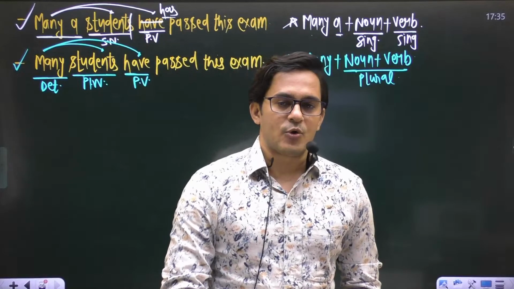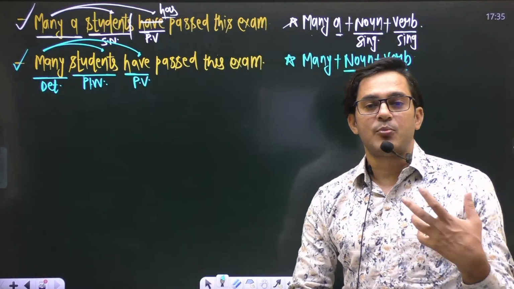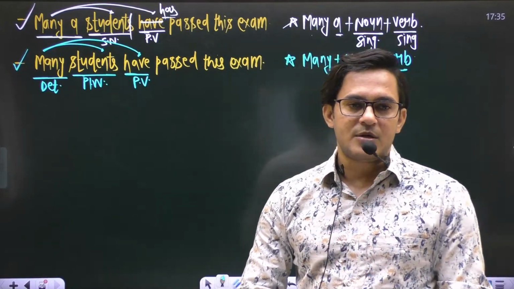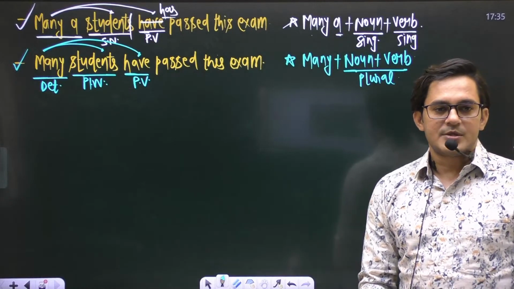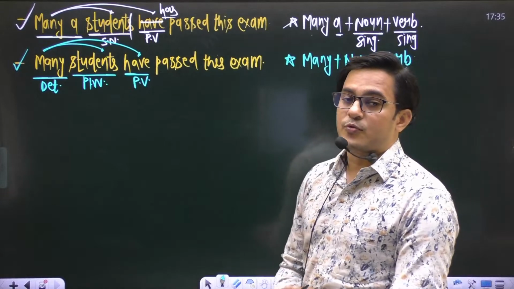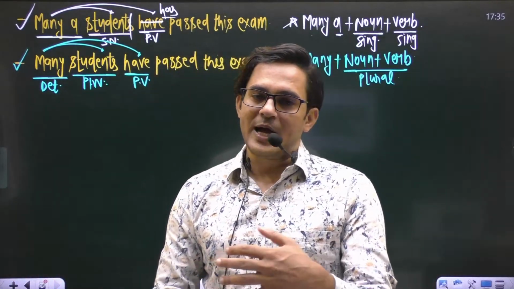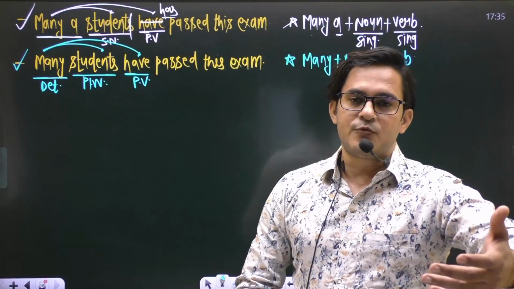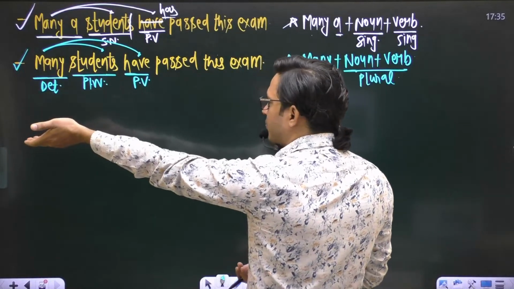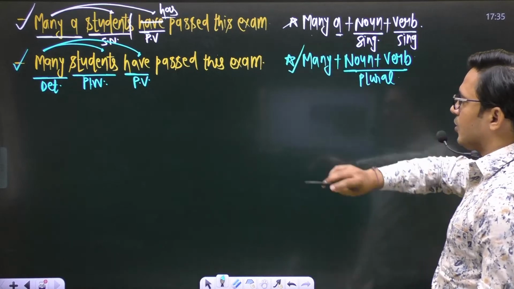Here we are talking about many students, and a plural subject demands a plural verb. We are talking about subject verb agreement. Many a means one out of many. You have different persons, but out of many you are talking about one. In the second sentence we already have a plural subject, that's why a plural verb will be used. So this one is the concept, right?